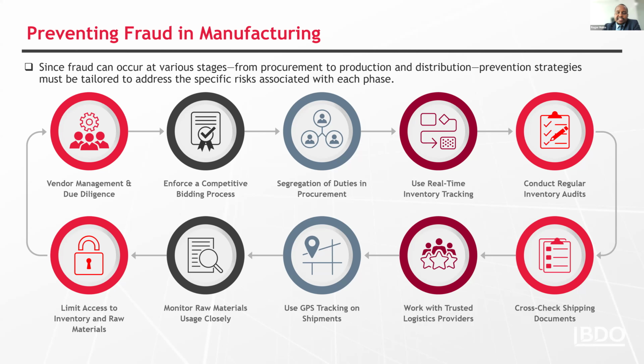Implementing the system will track materials in real time wherever they are and help prevent fraud. Whether it's through barcodes or RFID tagging or any other ways, these can help you know exactly where your materials are at all times. And this will make it harder for anyone to steal or misreport inventory without getting caught.